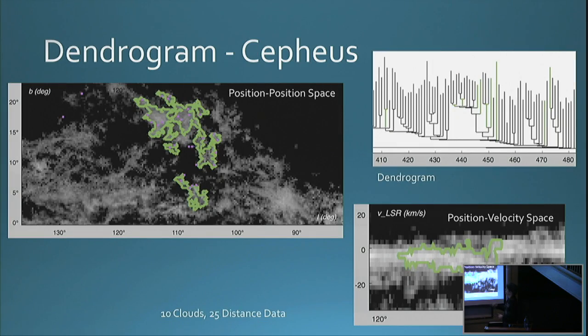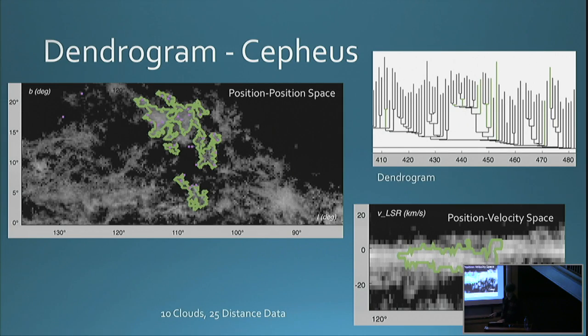And here's another example of the Cepheus region, where I pull out a number of features from the dendrogram and associate them with different distance points to get a very nice dissection of larger regions like this one. So what might have previously been called a single molecular cloud is actually made up of individual pieces that are up to an order of magnitude in terms of distance from each other.